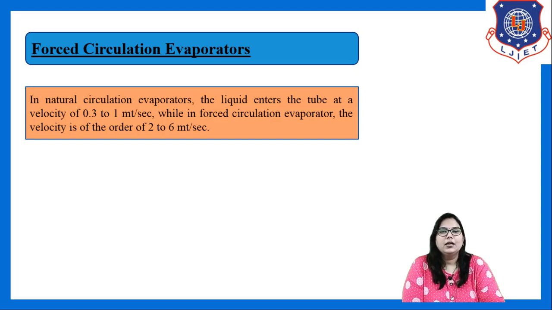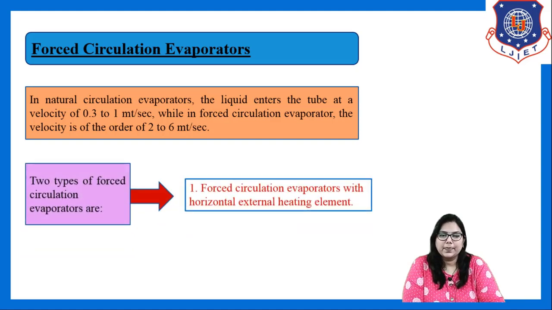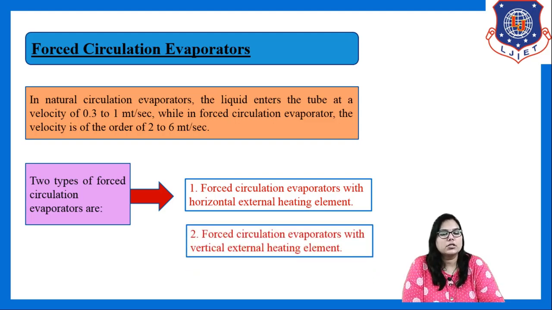In forced circulation evaporator, there are 2 types: forced circulation evaporators with horizontal external heating element and forced circulation evaporators with vertical external heating element. The basic principle for these 2 types is the same.